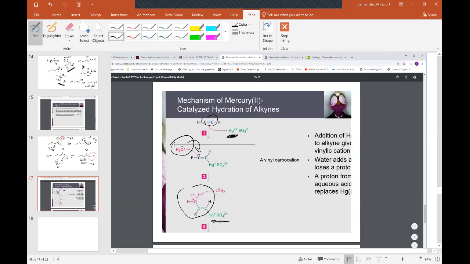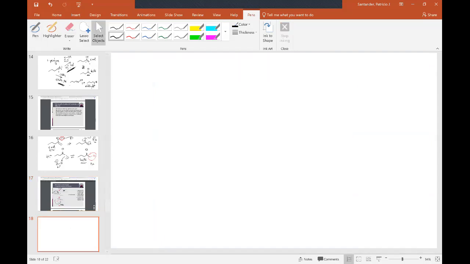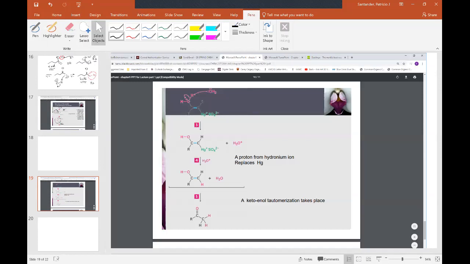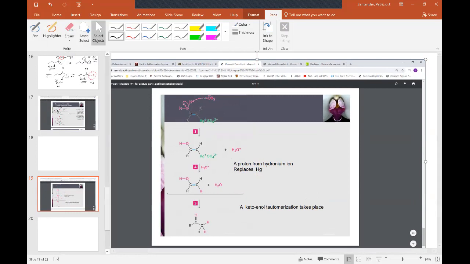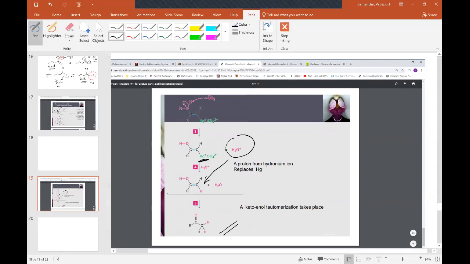We still need to get rid of the mercury, right? The way to get rid of that mercury is by reaction with the H3O plus. H3O plus will provide the proton that will replace the mercury in that place, right? And the final product after the tautomerization will be the ketone final product.